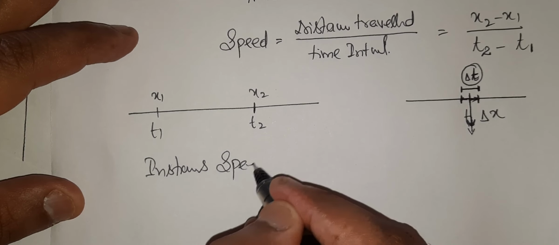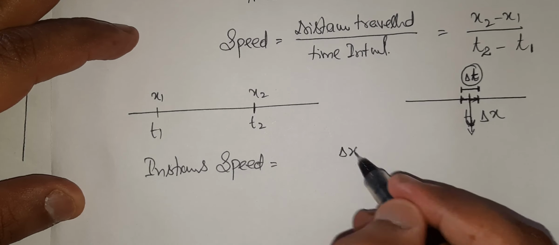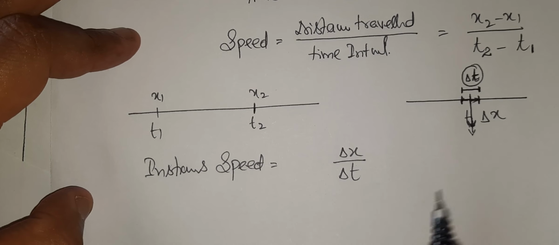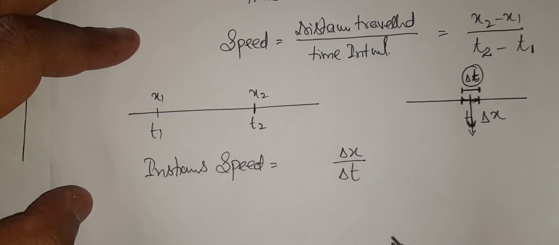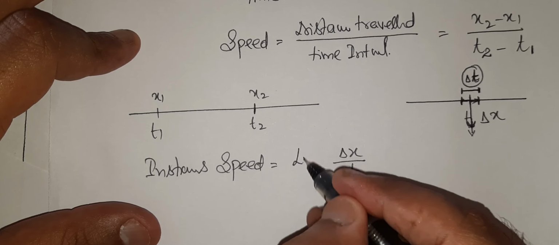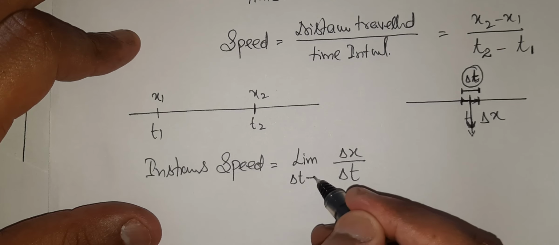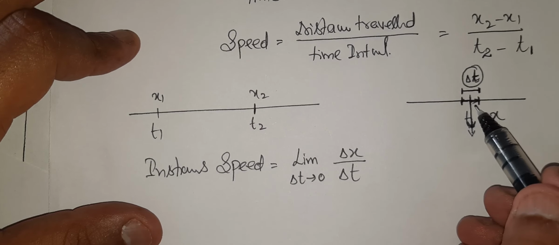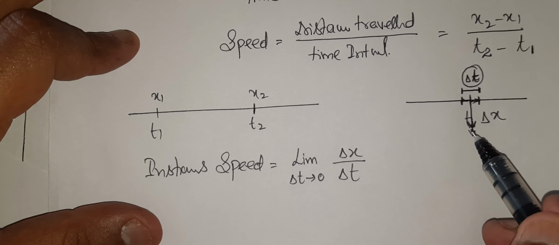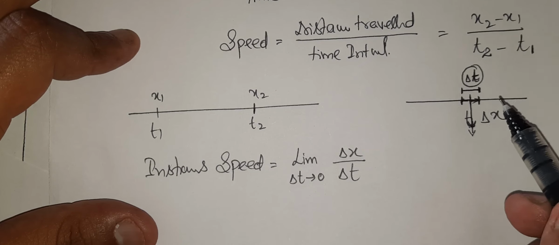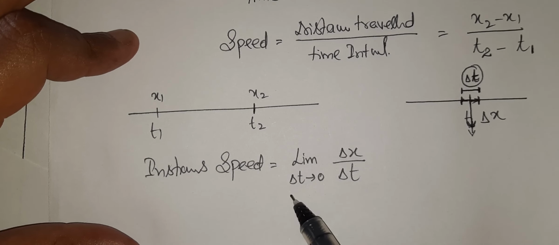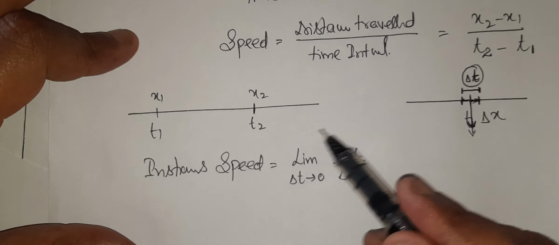Instantaneous speed is equal to distance traveled delta x over time delta t. अब if I leave this delta t like this, कोई ये भी सोच सकता है कि ये डेल्टा t शायद बड़ा हो. तो इसकी प्रॉपर डेफिनेशन देने के लिए यहां लिमिट लिखते हैं, कि delta t approaches zero. मतलब ये जो envelope आपने कंसीडर किया है, this is approaching zero, very small, infinitely small. जिस टाइम पे आपको स्पीड निकालना है उस टाइम के before और after infinitely small time कंसीडर करके टाइम इंटरवल बना दो, और उस पर limit लगा दो कि delta t approaches zero. That will be giving you instantaneous speed.